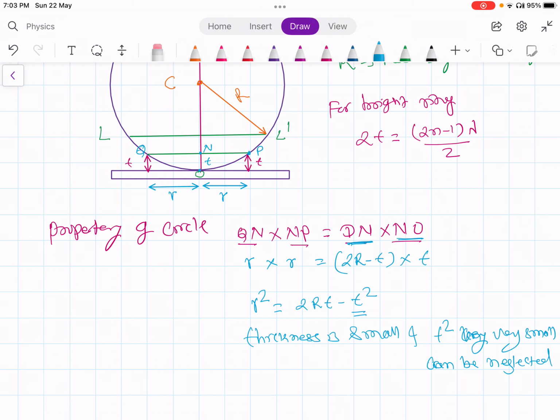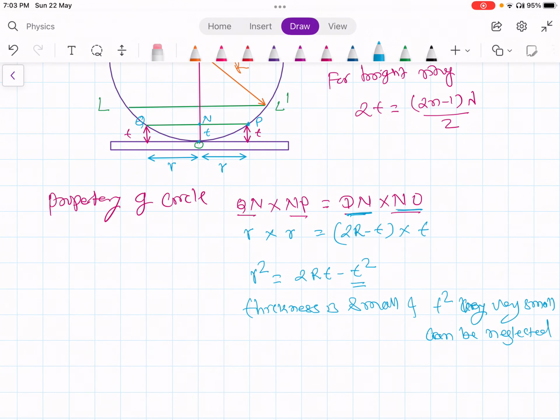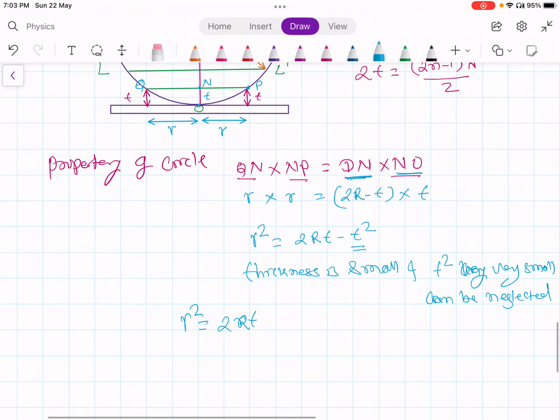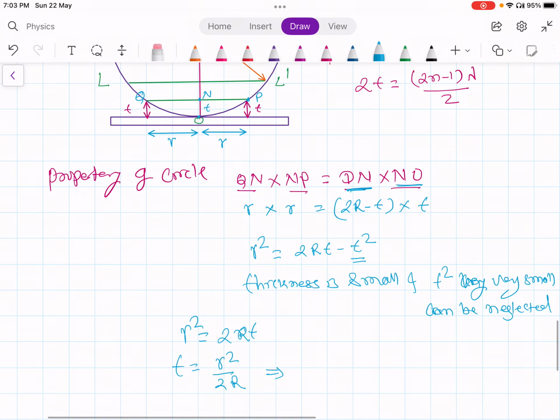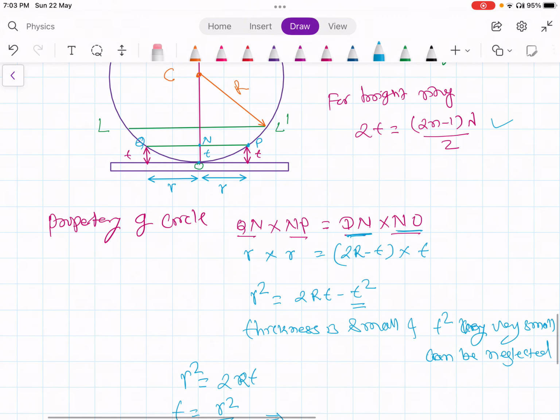So let us neglect t square, and what we get is r square is equal to 2Rt, or t is equal to r square upon 2R. Now I got here the value of the thickness. I know for the bright ring 2t is equal to (2n minus 1) lambda by 2.